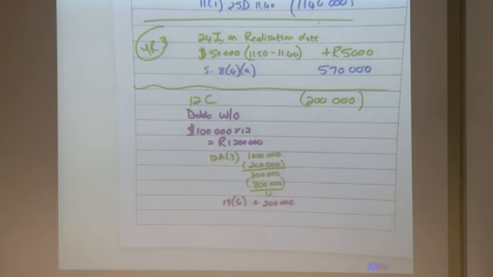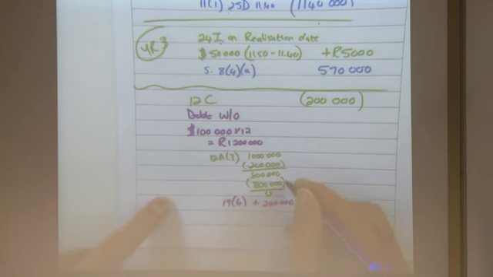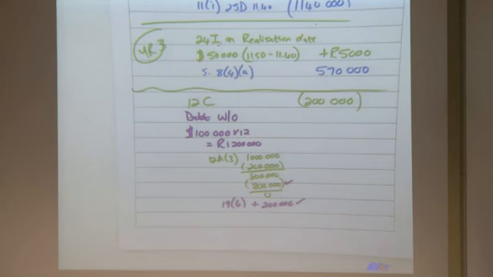But now I have a problem because I have a debt write-off of 1.2 million. I've only done now 800 and 200. What happens with the other 200? Say again? It's an 84A recoupment.